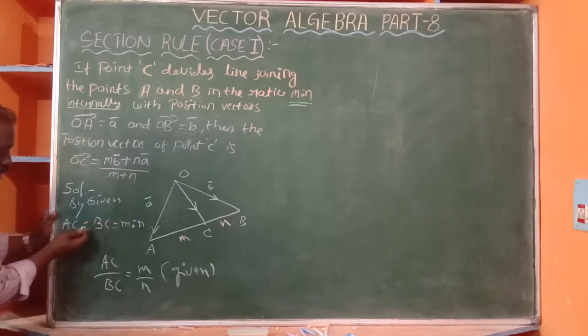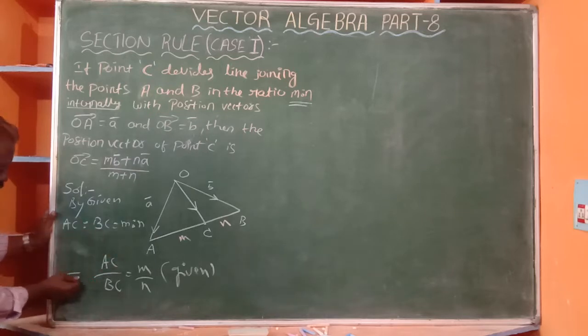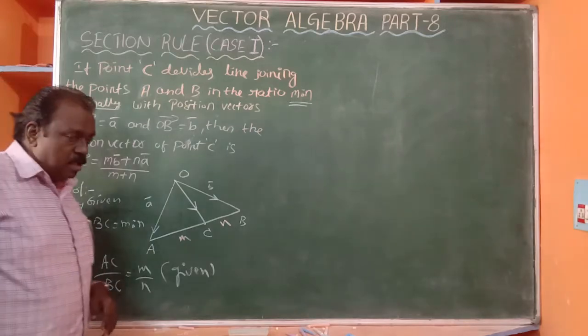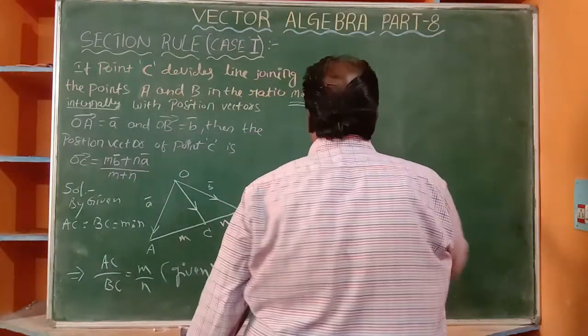That is nothing but this one. So AC by BC is equal to m by n. Now I will write here.